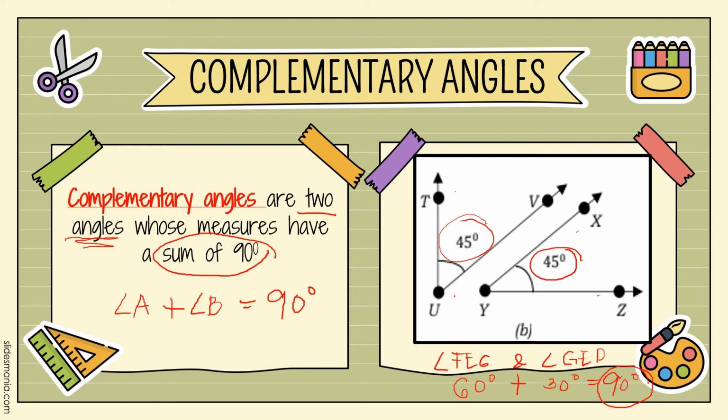Are these two angles complementary? If your answer is yes, you are correct. These angles are complementary. Why? Because if we are going to add 45 degrees and 45 degrees, the total is 90 degrees. So therefore, angle TUV and angle XYZ are complementary angles.